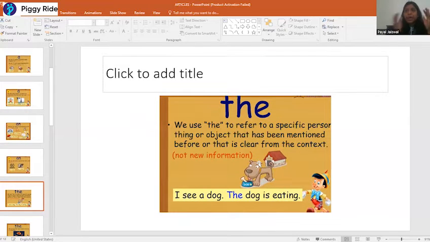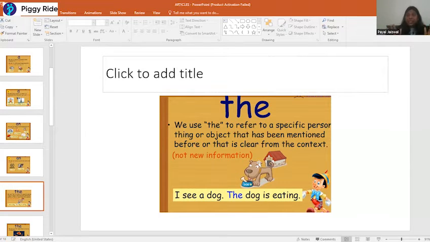Now let's go to the article T-H-E, the. We use the to refer to a specific person, thing, or object that has been mentioned before or that is clear from the context, not new information.